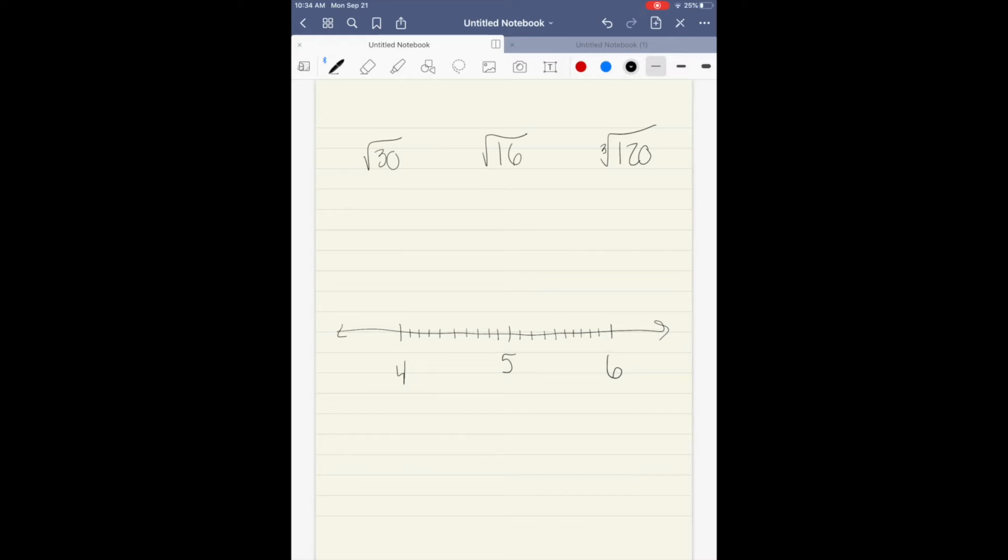The next thing we are going to do is enter these roots into our calculator. So the first one is square root of 30. You're going to hit the second x squared button and type 30 into your calculator. Make sure you close that parenthesis, and you get 5.477 and a bunch of stuff. So you are going to round this to the nearest hundredth.